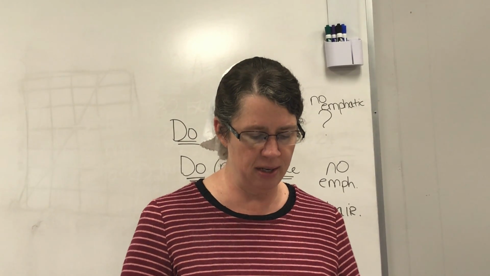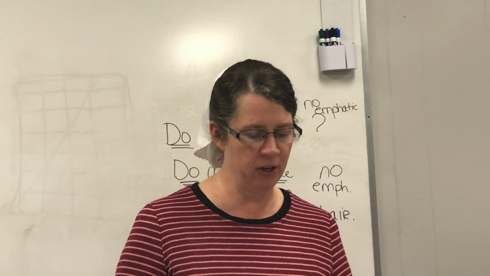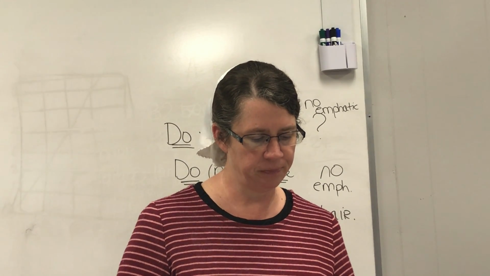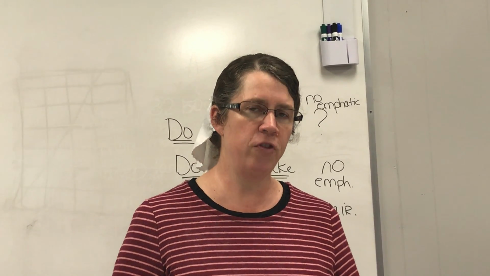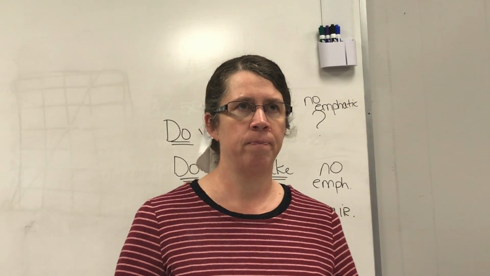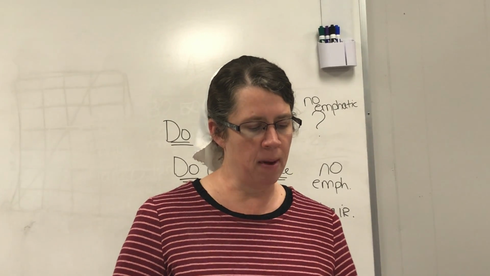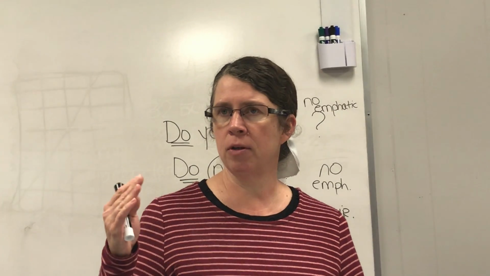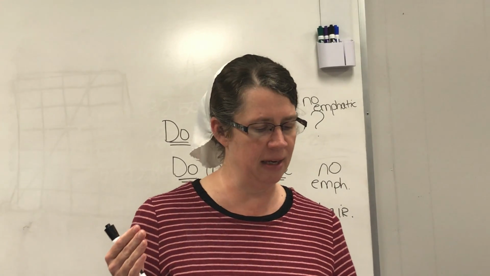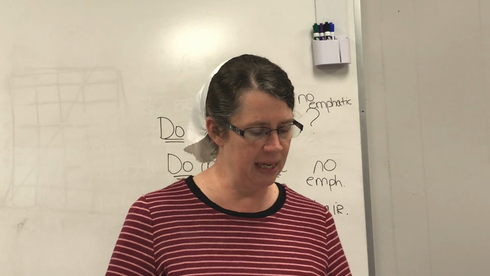Is it present? Is it past? Is it future? Present perfect, past perfect, or future perfect? Remember, future perfect is going to have a will have or shall have. Remember, past is going to end probably in en or ed.